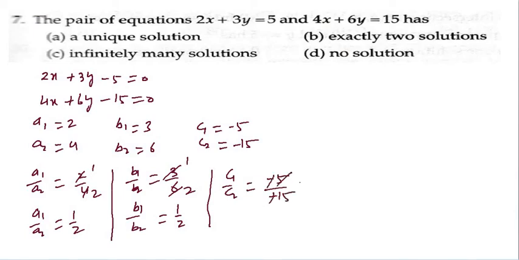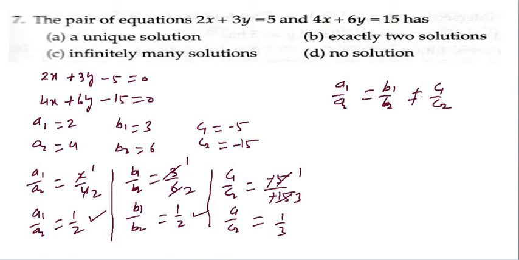Minus will be cancelled out. 5 ones are 5, 5 threes are 15. So c1 upon c2 is equal to 1 upon 3. As you have seen, a1 upon a2 is equal to b1 upon b2, but is not equal to c1 upon c2. That means it has no solution. You have to write here also, it has no solution.